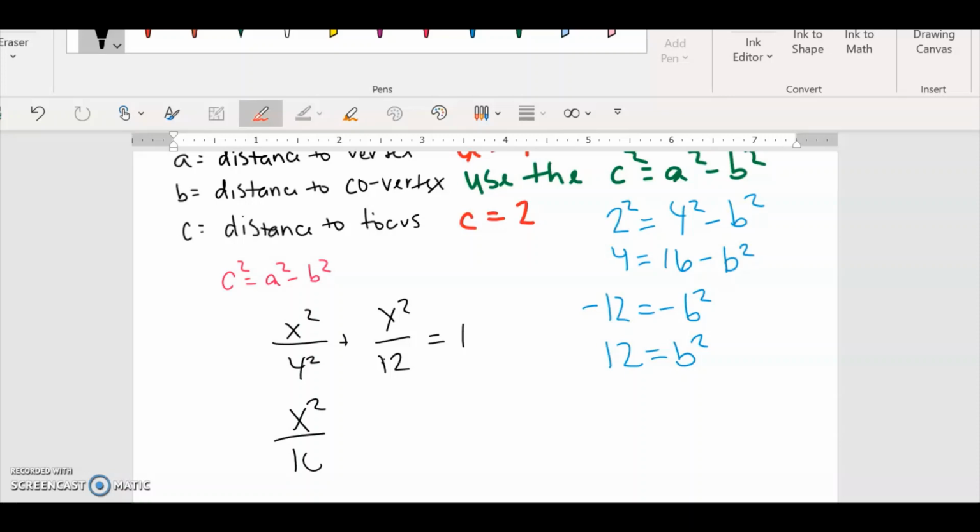That's x squared over 16 plus y squared over 12 equals 1.